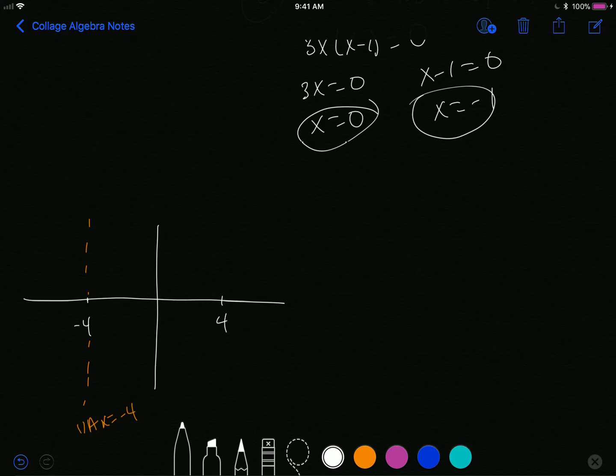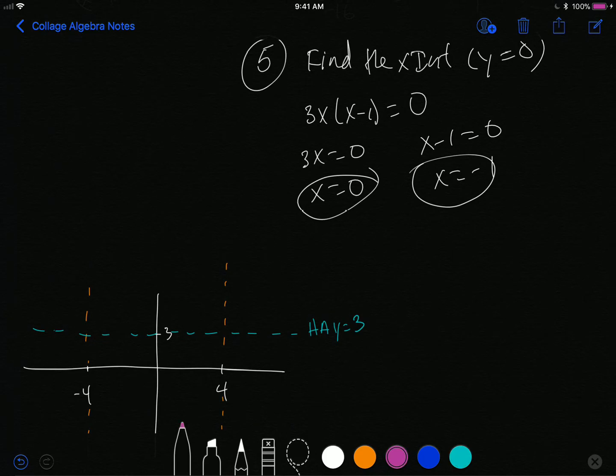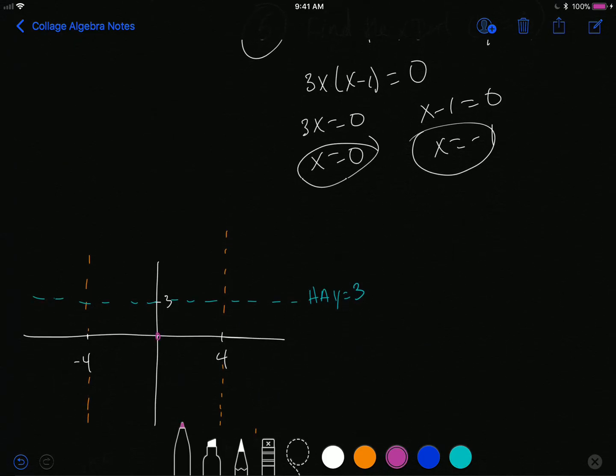At 4, I have a second vertical asymptote, VA x equals 4. I have a horizontal asymptote of 3, so at 3 I have a horizontal asymptote going across right here. That's my HA, y equals 3. And then, what else do I have? I have the x-intercepts and the y-intercept at 0, 0.